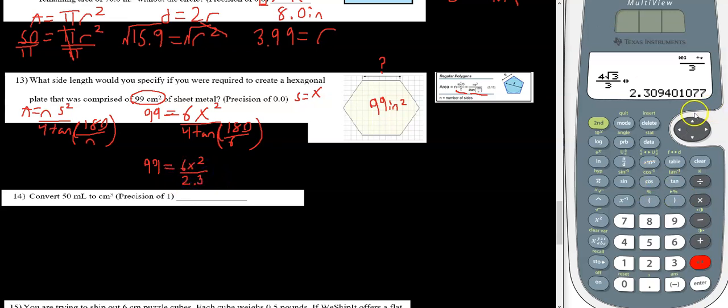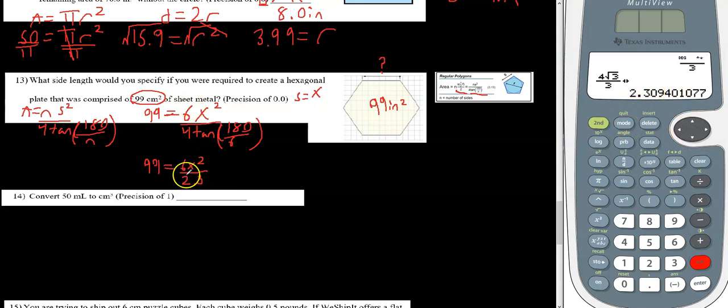And if you're wondering, we didn't have to write 30. We could have kept this as 180 over 6. So I can say 4 tan 180 over 6 instead and not simplified this. And I would get the exact same answer. And if I hit the conversion button, I will get the exact same answer for the record.